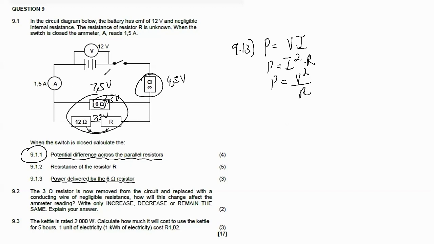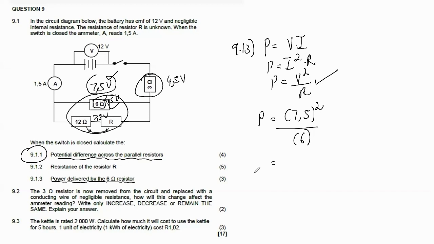And then now looking at this, what information do we now have? We have the voltage, and then we also have the resistance, meaning that if we have to choose the formula to use here, the perfect formula to use is the third one, which says P is equal to V squared over R. So this is P is equal to our voltage is 7.5, and then square, and then our resistance is 6, right?